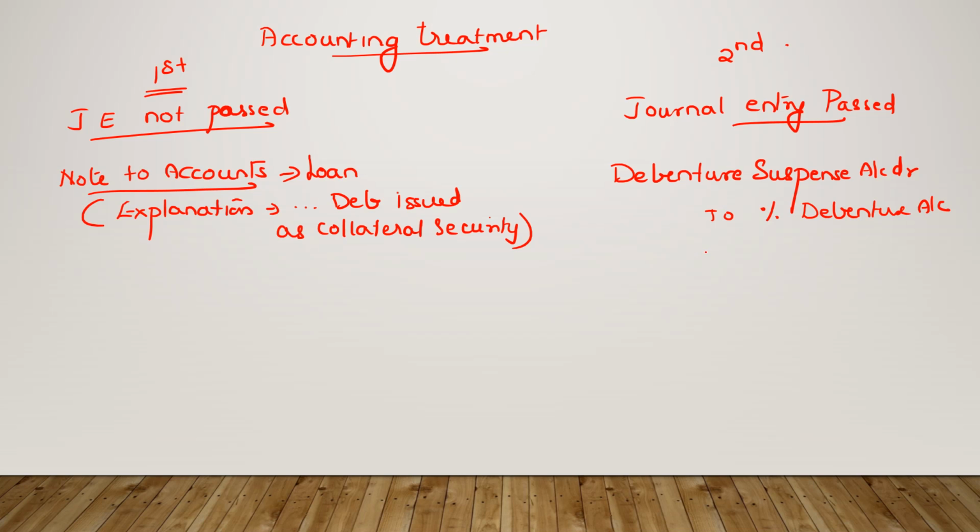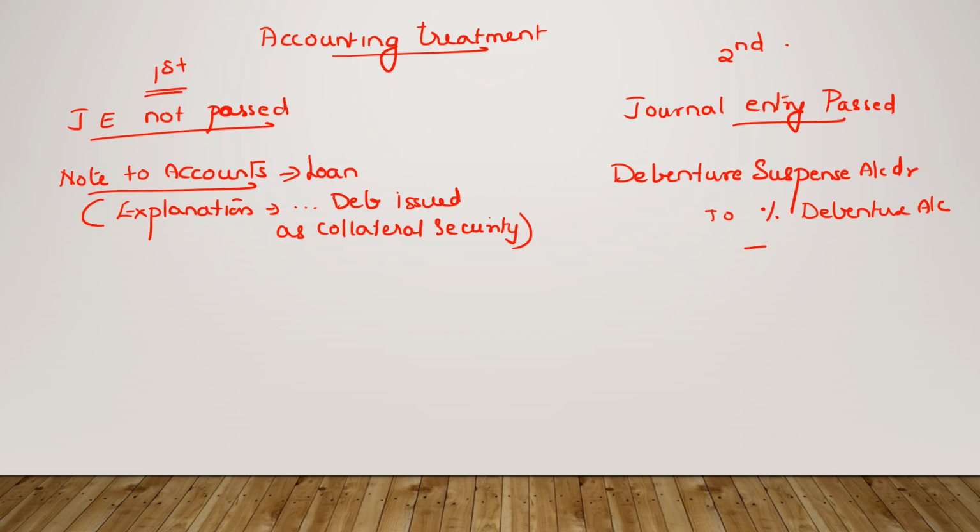Now this would be the journal entry passed for debentures issued as collateral security. When the loan gets repaid, this particular entry would be reversed. In case the loan is not repaid, you reverse it and then issue these debentures as actual debentures to that particular lending institution.